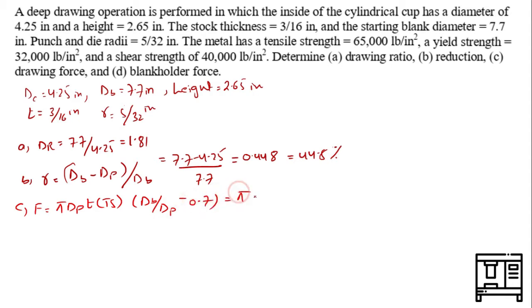We have pi into dP, that is 4.25, into the stock thickness, that is 3 by 16, which equals 0.1875, into the tensile strength that's given here, 65,000 pounds per square inch, into dB by dP, and we know dB by dP equals 1.81, so 1.81 minus 0.7.